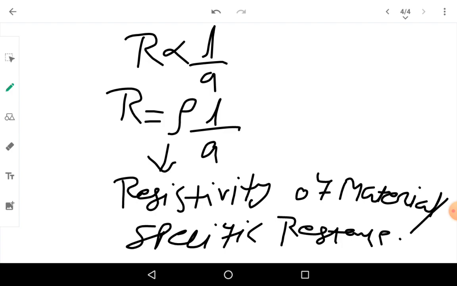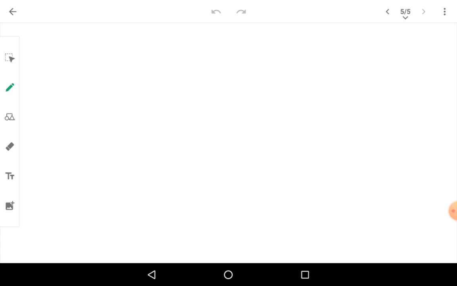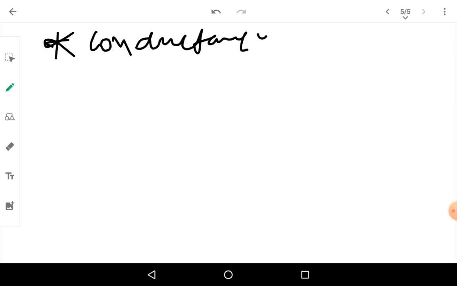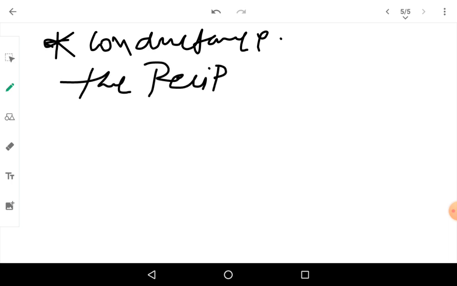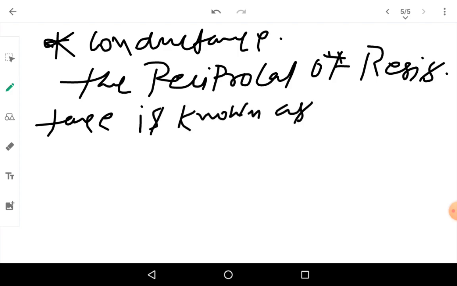Now, one new term is conductance. The reciprocal of resistance is known as conductance.